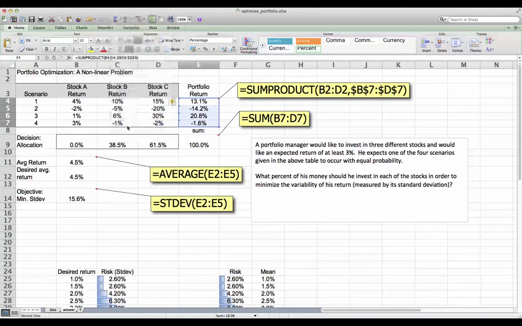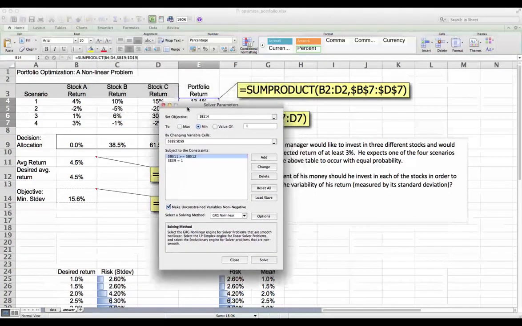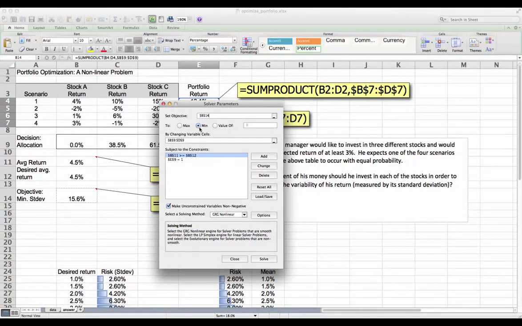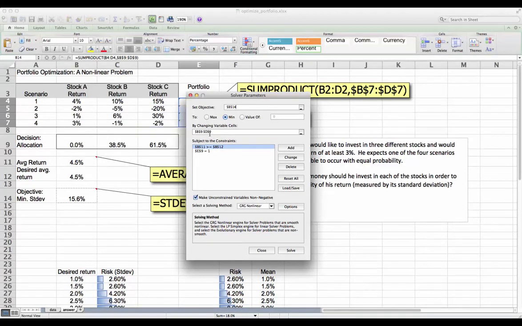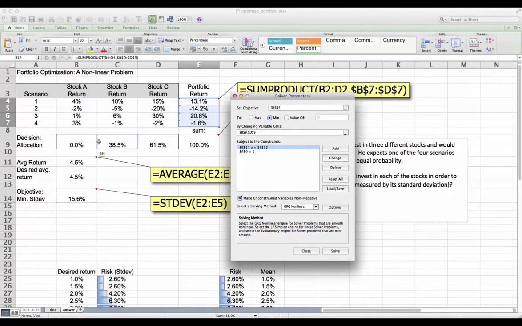Let's go to Tools and Solver, see how it works. We're going to minimize B14 by changing our allocation, which is in B9 to D9, and we're going to say B11 is greater than B12, which means the average return needs to be above 4.5%, and also the sum of our allocation needs to be exactly 100%, equal to 1.